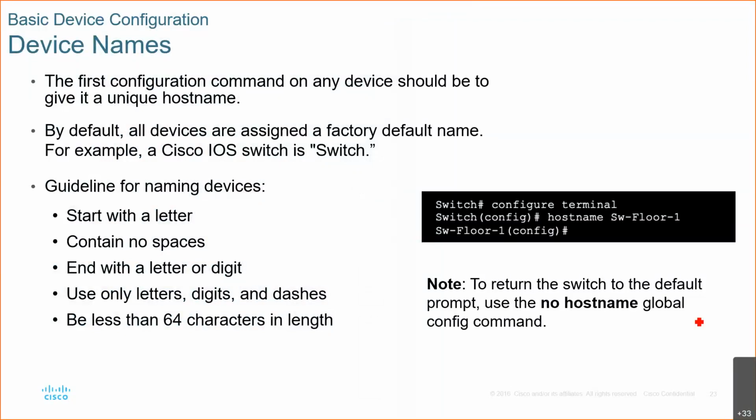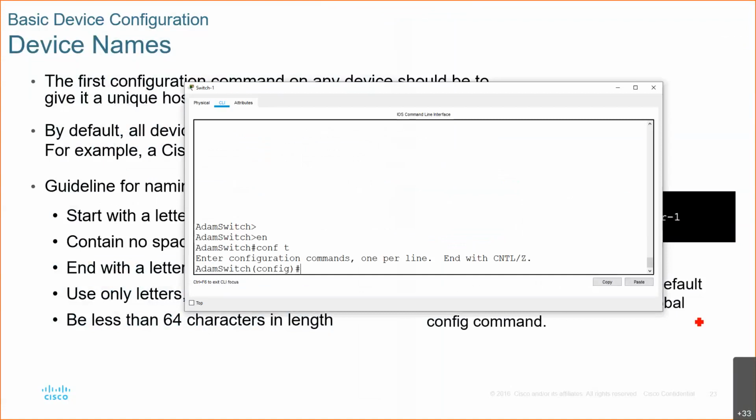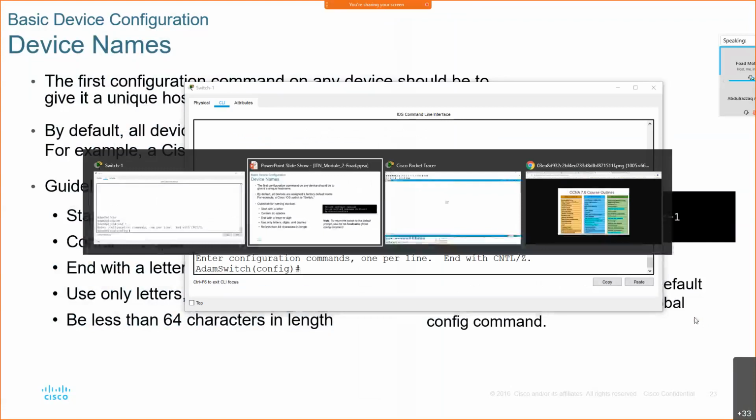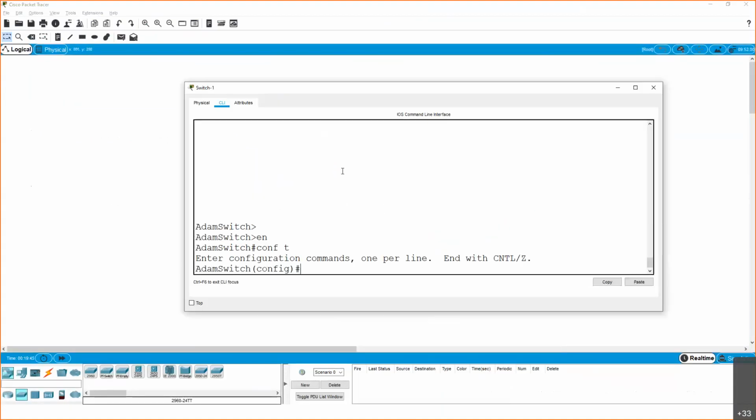So this is a basic configuration where you can change the host name. You can see that I've already changed my host name to Adam's switch. So this switch that I have over here is not mine anymore. It belongs to Adam. Usually, as a network administrator, whatever switches you have, you're going to give a proper name to it.